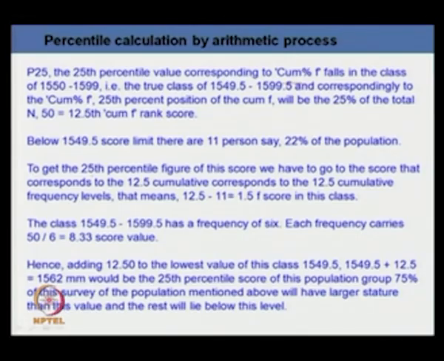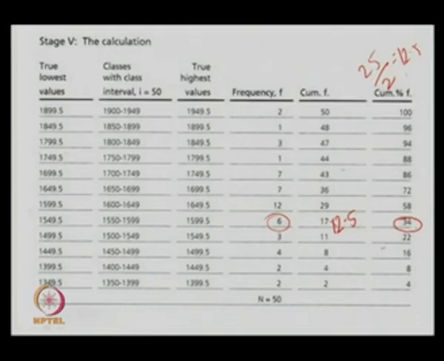To get the 25th percentile figure of this score, we have to go to the score that corresponds to the 12.5 cumulative frequency level. That means 12.5 minus 11, 1.5 frequency score into the class. Here is 11, so we have to go to 12.5, means we have to cross 1.5 here.